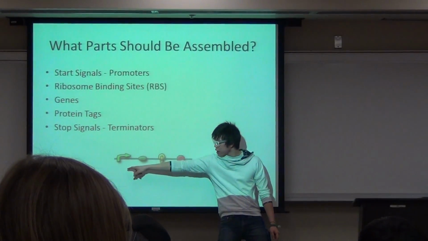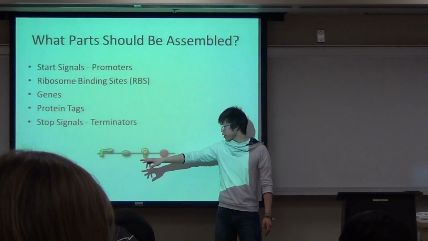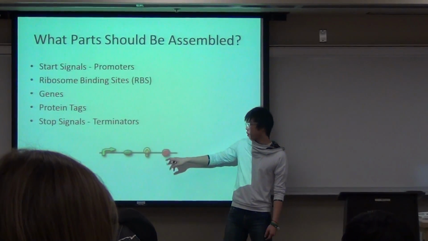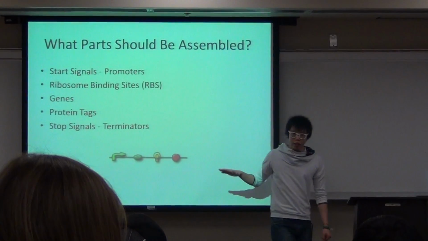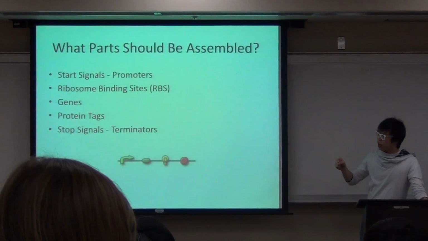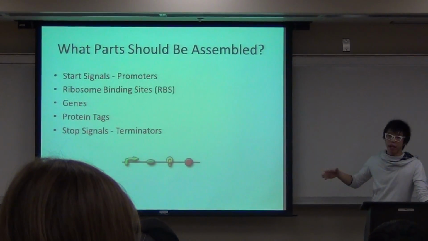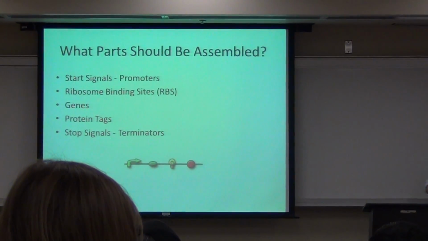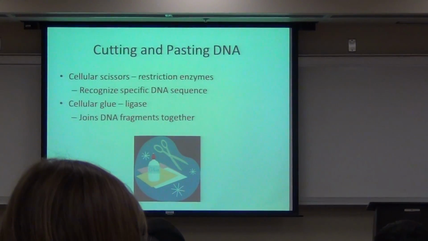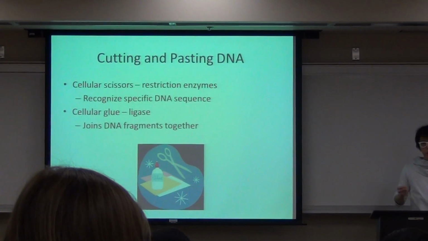We have this 90-degree arrow, which represents a promoter, a ribosome binding site, this is just a coding sequence of some sort, and this is a terminator. And again, don't be confused by these terms. They're just parts that are genetic code. So these parts can actually be cut out and then glued together.